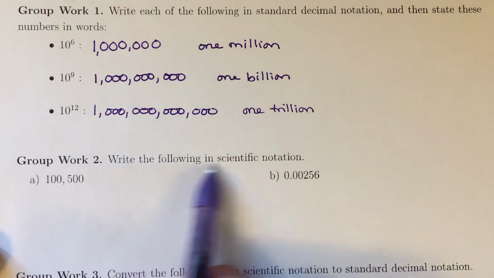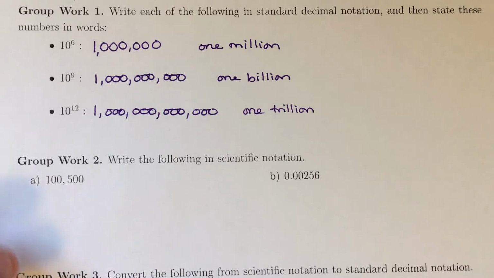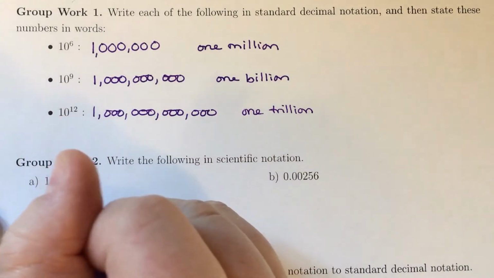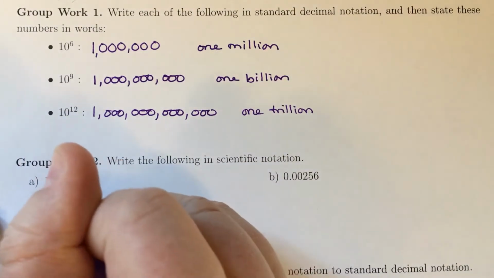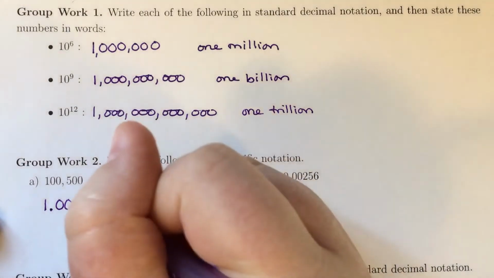Okay, let's write some of these in scientific notation. If you want to try them on your own, you can always pause the video, try them, and then check. That would be a good way to see if you're getting it. When I do these, I always start by writing it with 1 digit before the decimal point.